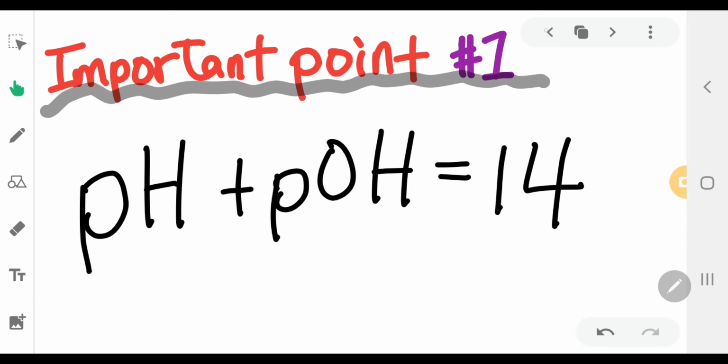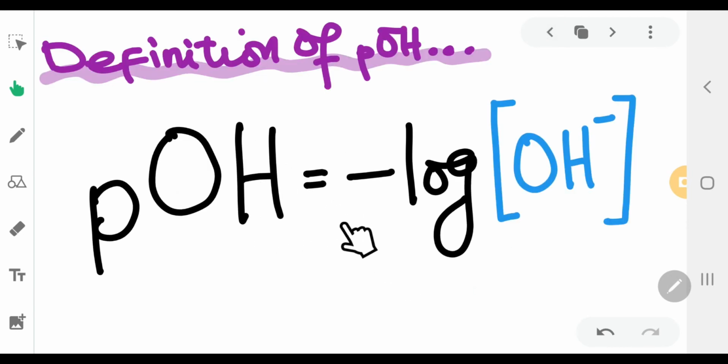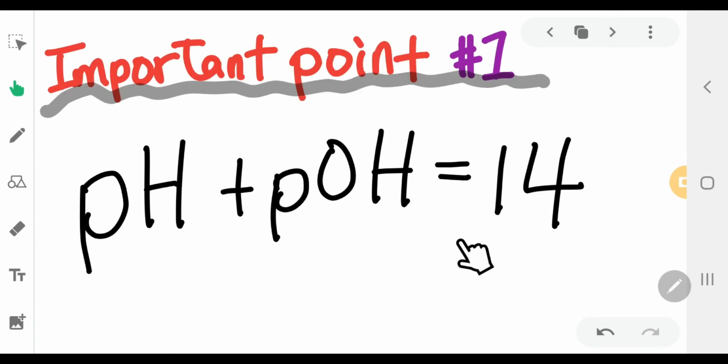So that's why I told you just now, when you are able to find out the value of pOH of a basic solution, we would be able to find the pH value as well, because you can just simply plug in the value in here for the pOH, and move that to the other side, and thus you would be able to get the value of pH. This is also a very important point that you need to know, because we're going to use this a lot in the calculations.